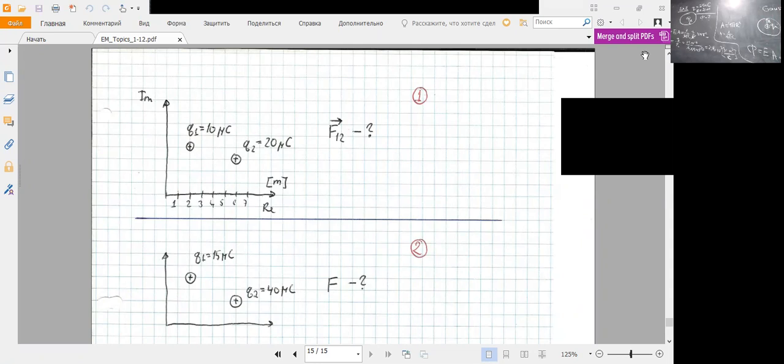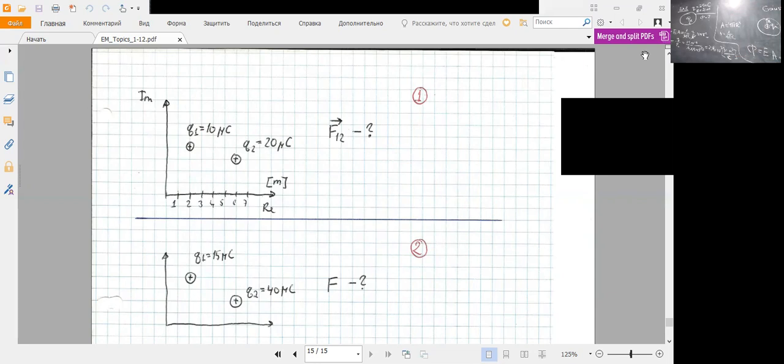You have two charges, Q1 and Q2. Q1 is equal to 10 microcoulomb, Q2 is equal to 20 microcoulomb. They are both positive. You must find the force between the two charges. First of all, you should find the positions of the two charges.